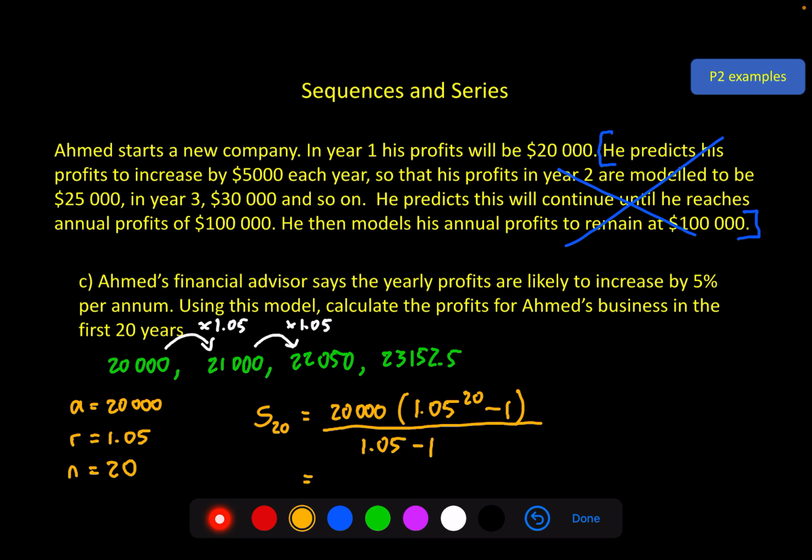Put all of that onto your calculator. 1.05 to the power of 20 minus 1 divided by that is 661,319.0821. And because this is dollars, I'm going to cut that off to 2 decimal places.